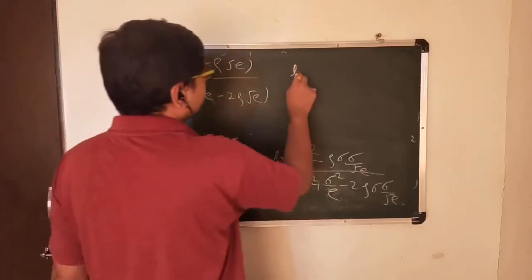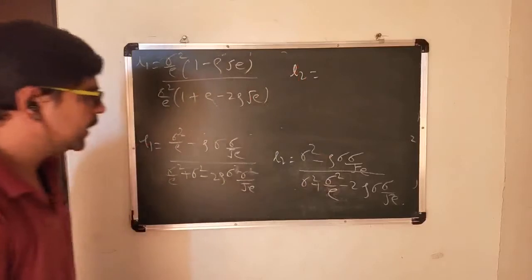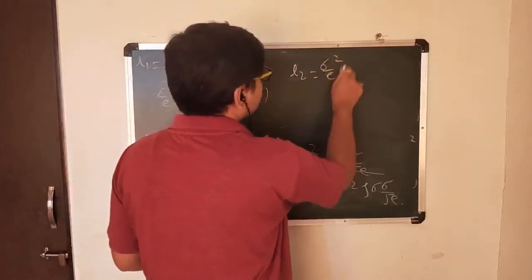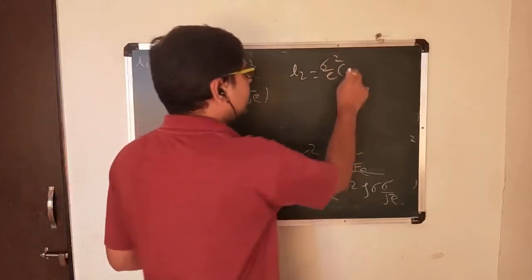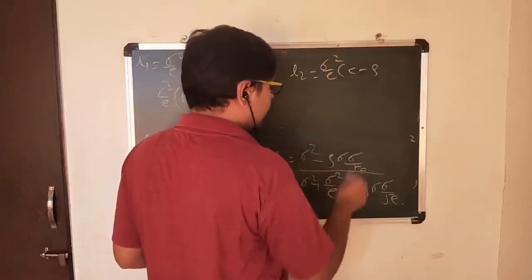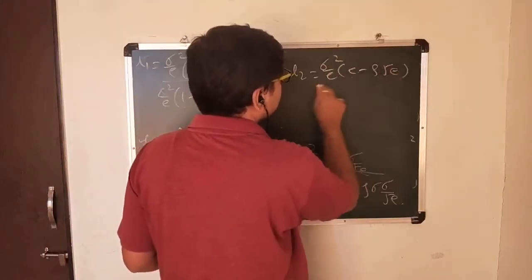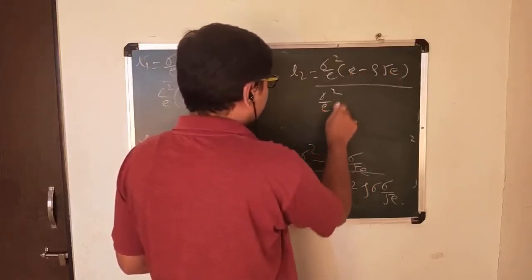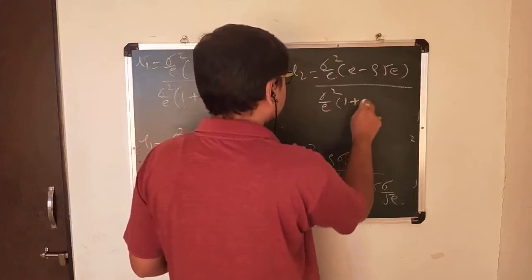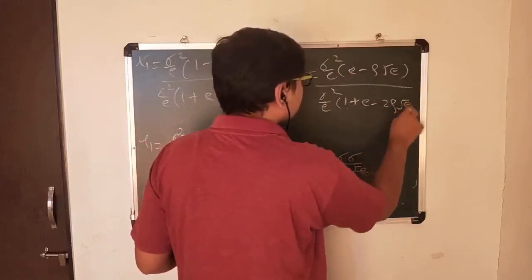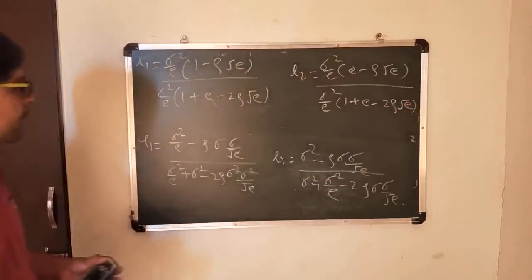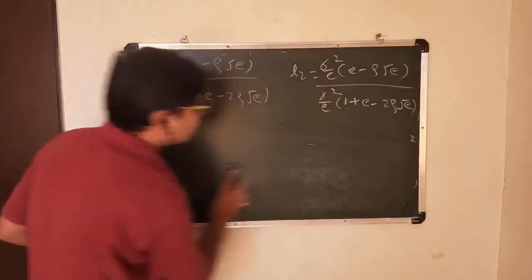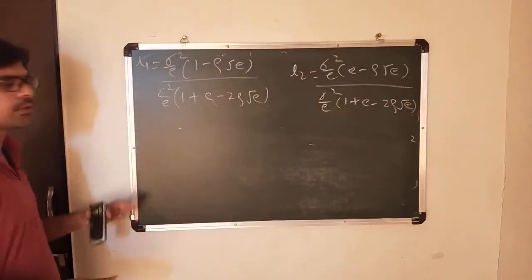Now what do we have for L2? In L2, take sigma square upon E common. So E minus rho into root E, and in the denominator take sigma square upon E common, so 1 plus E minus 2 rho into root E. So finally, sigma square got cancelled.